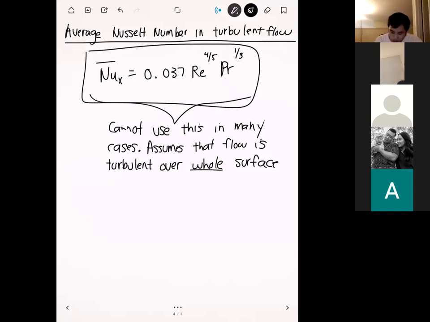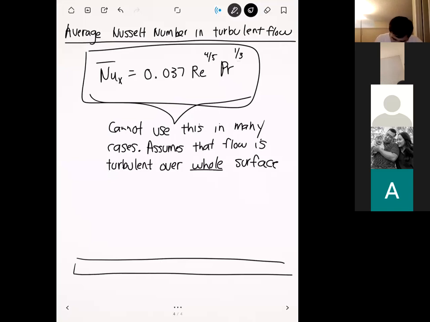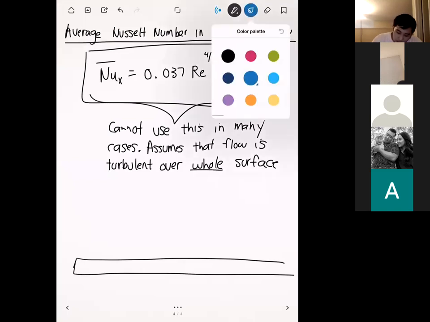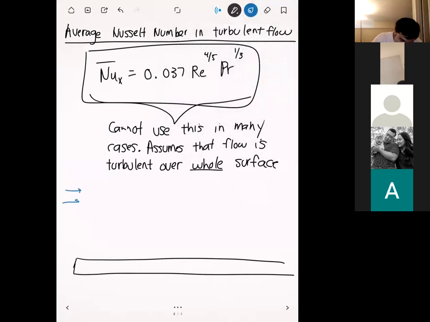But more typically, you have a situation that looks like this. You have a boundary layer that goes over the surface, with flow coming in from the left.